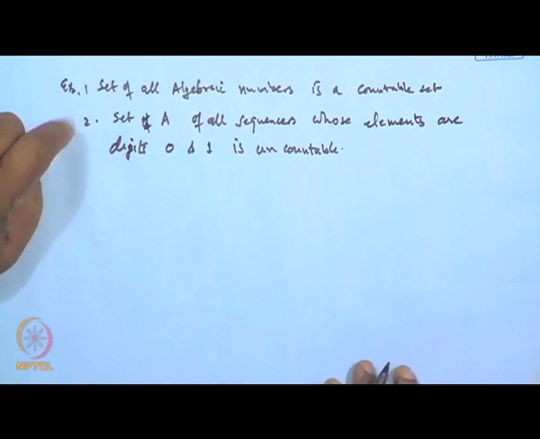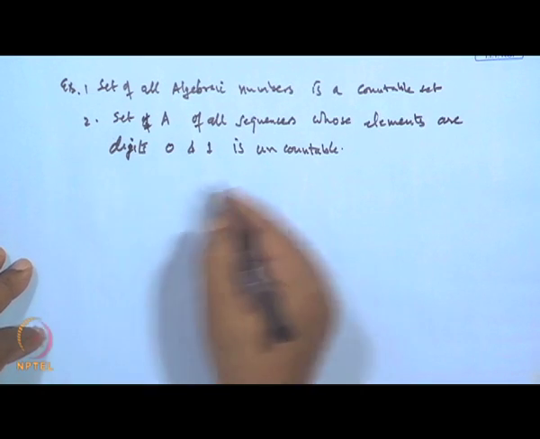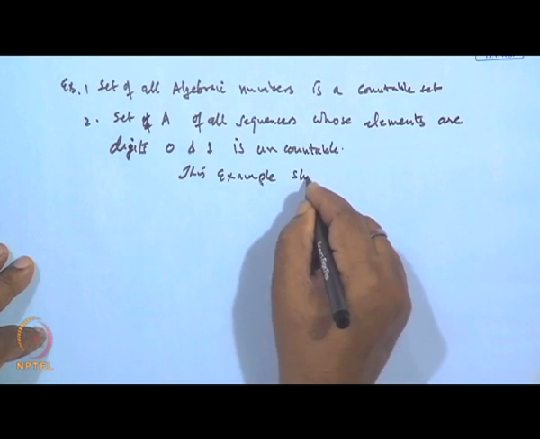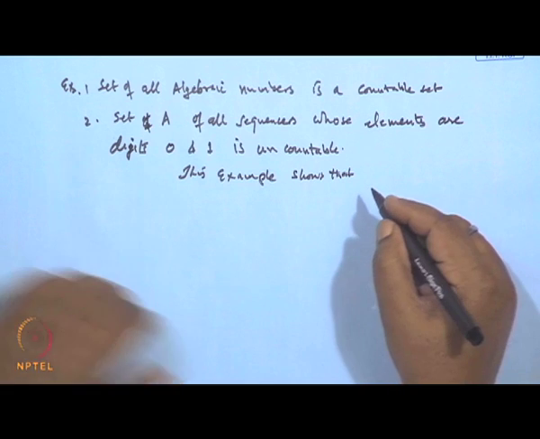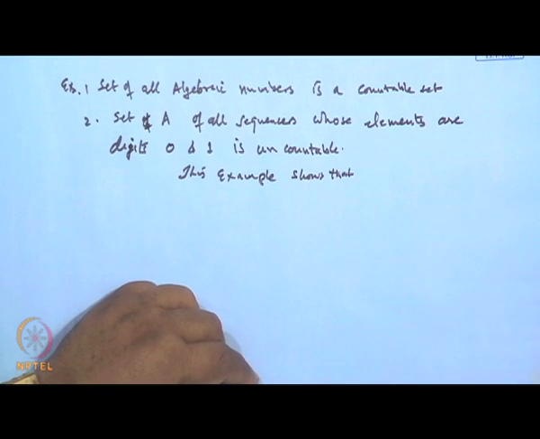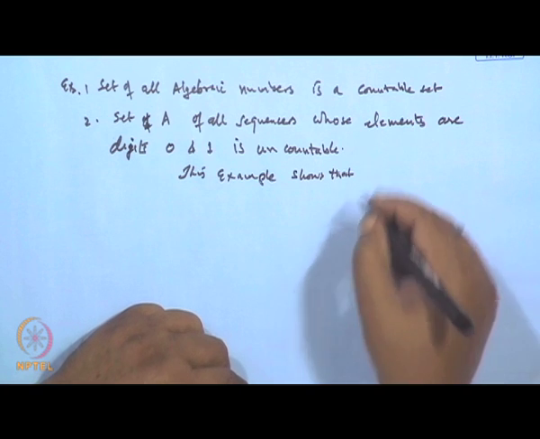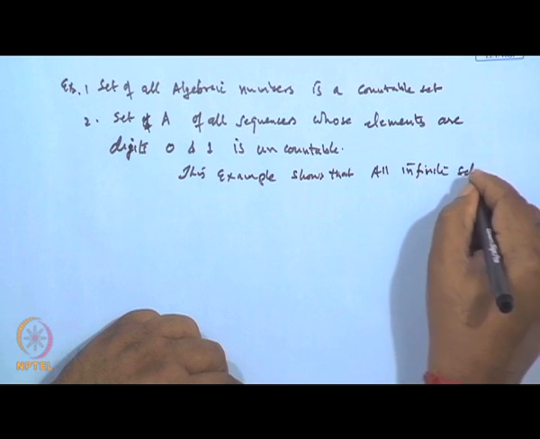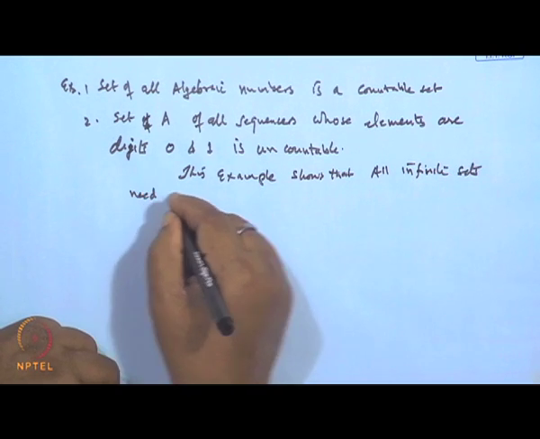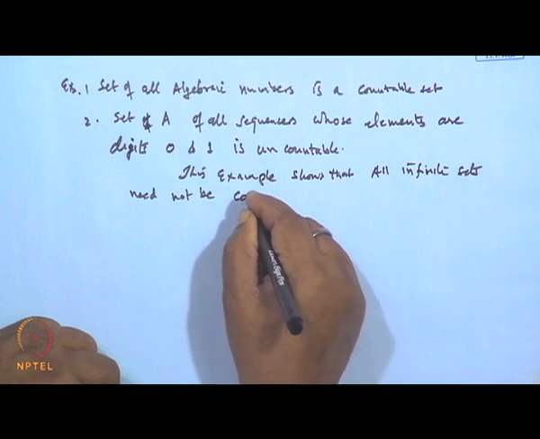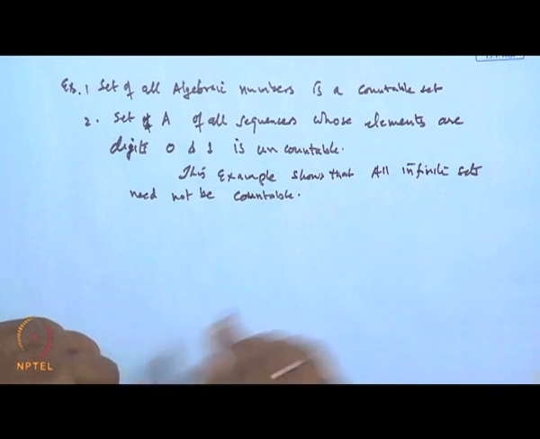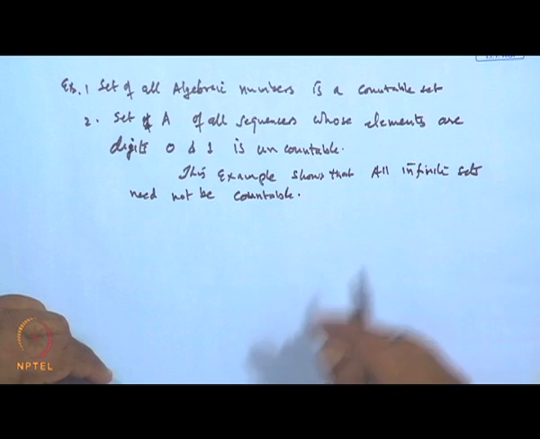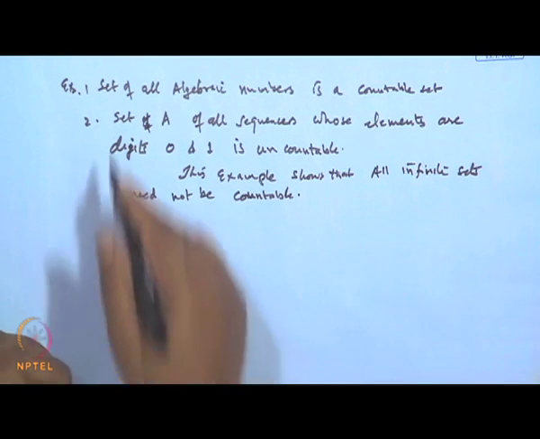In fact, this example shows that all infinite sets need not be countable. In fact, we will show that the set of real numbers is not countable. The set of rationals is countable, while the set of irrationals becomes an uncountable set. So, let us see the result.